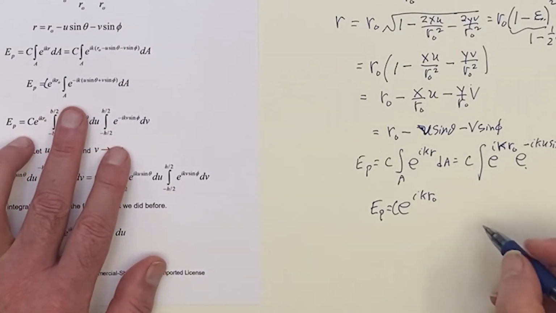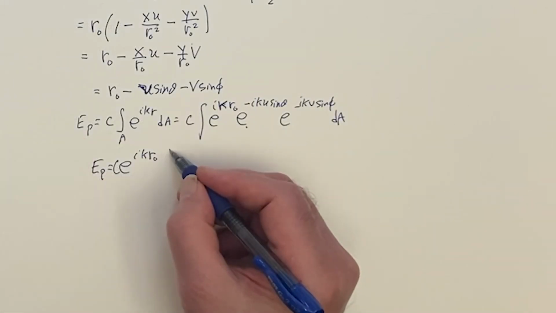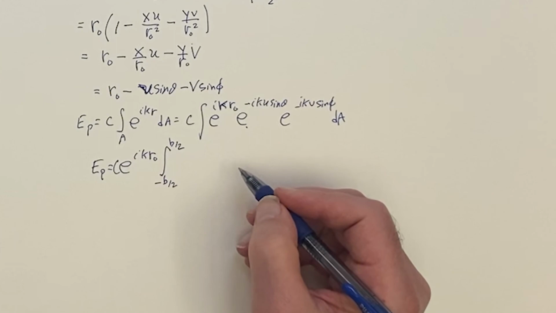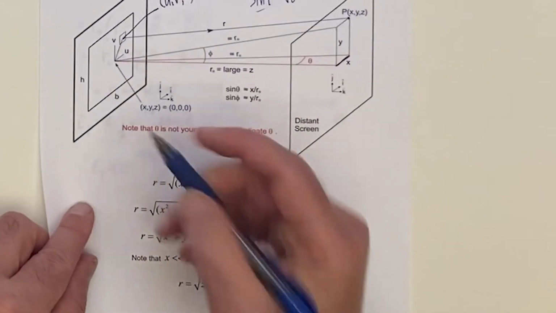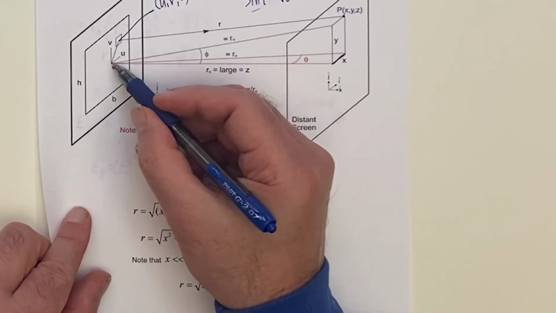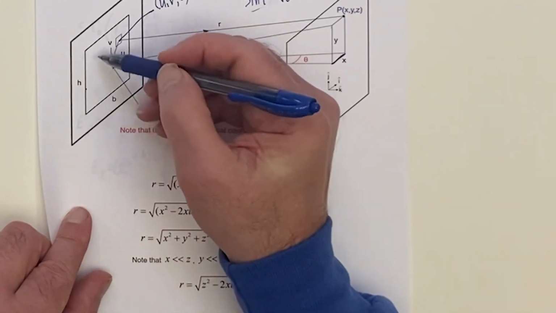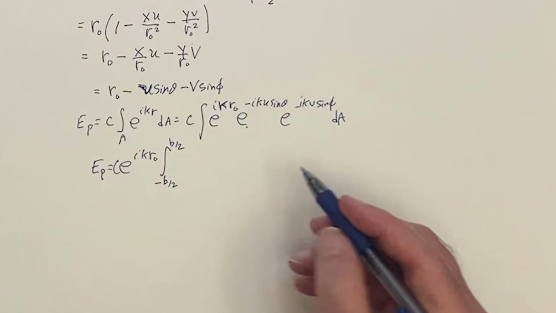Then what we'll have here is the integral from minus b over 2 to b over 2. This integral is going to be for, if we look at this here, we're going to integrate from minus b over 2 to plus b over 2 for the u, and then for the v, minus h over 2 to plus h over 2.